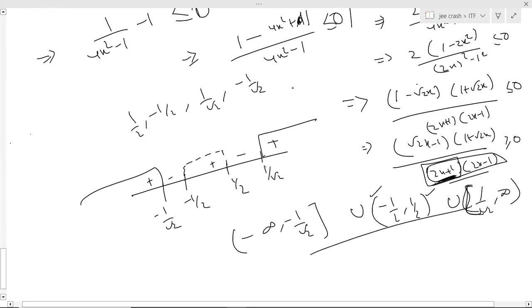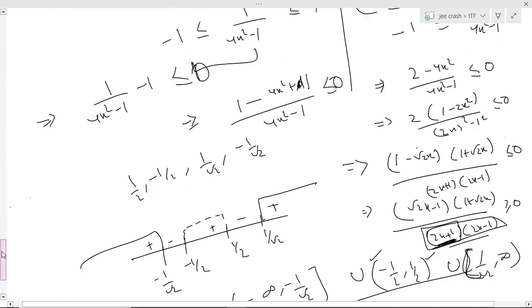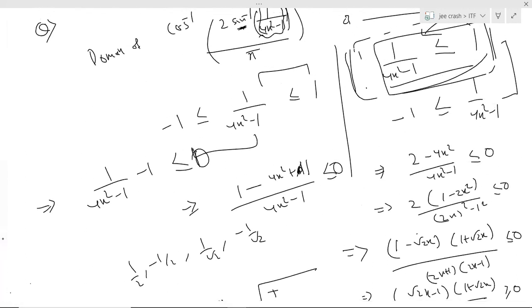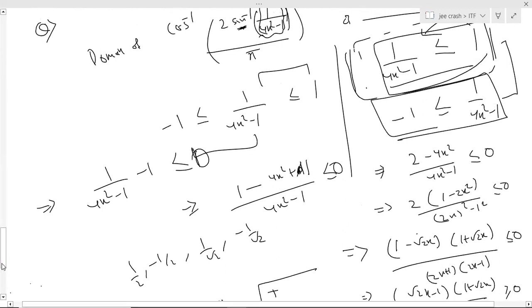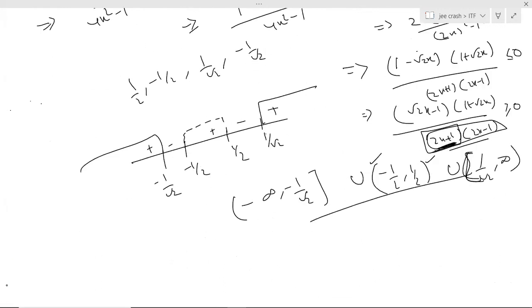So in the same way you can solve the next equation, this equation, and you can find the solution for that too, and take the common solution. You guys can do this? Yes, sir. Everyone? Adriel?